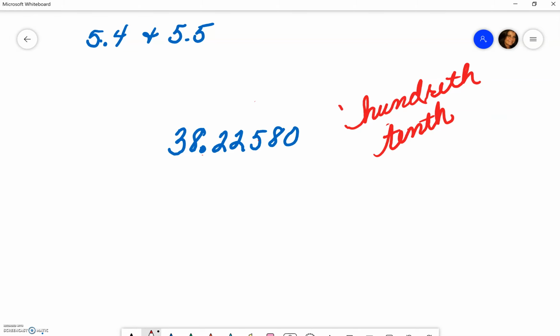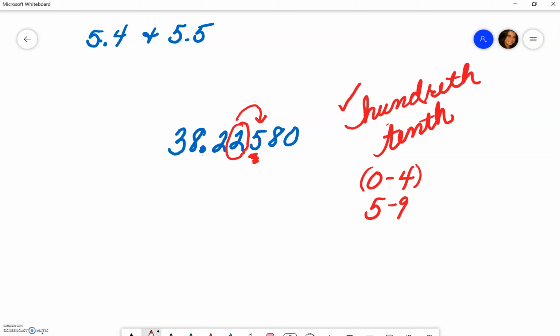So if we went with this first one, hundredths, the first thing you want to do is locate that position. So we know it's right here. Then if we're rounding, we need to look at the next number to the right. So that would be this number. The range is 0 to 4 or 5 to 9.